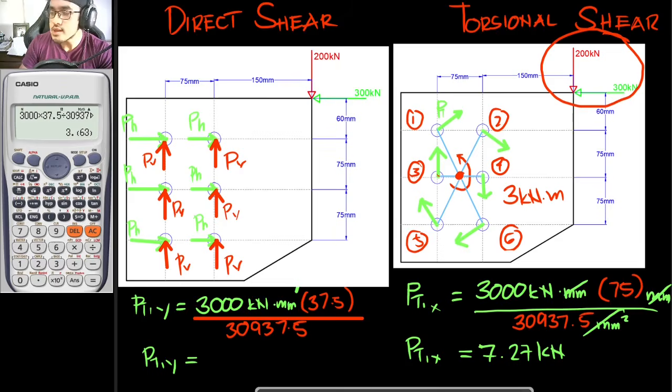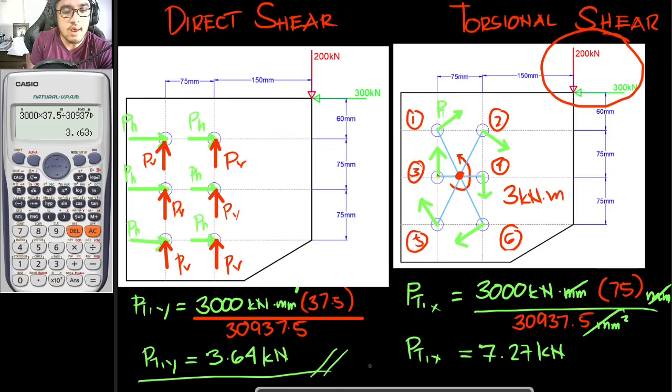Actually, it's 3.6363, so let's just say 3.64. My calculator has a bit of a lapse because of the repeated value, it puts it in parentheses. Since it is 6363, it would be better to round it up to the nearest hundredths, which is 3.64 kilonewtons. So, these are the x and y components of your torsional shear.